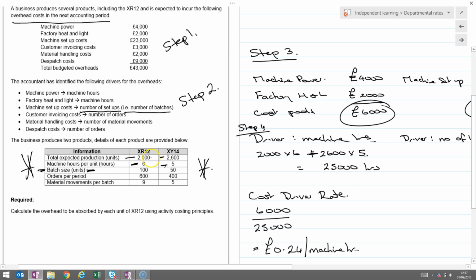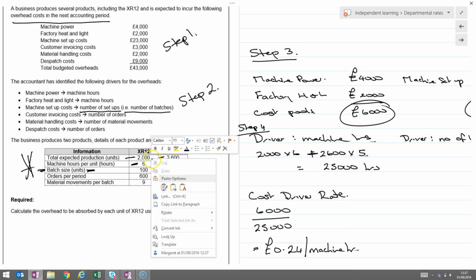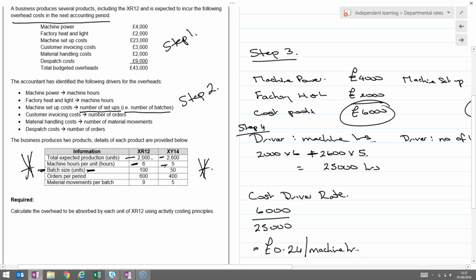If we're expecting to produce 2,000 XR12s and they're in batch sizes of 100, then 2,000 divided by 100 will give us the number of batches.